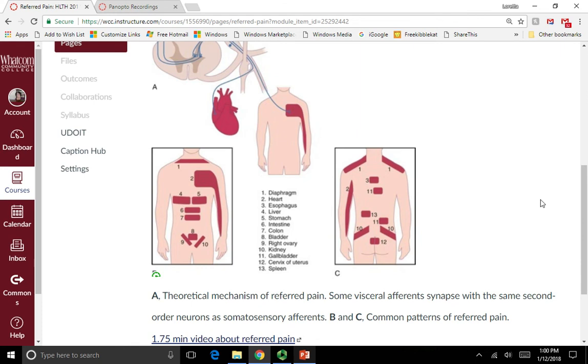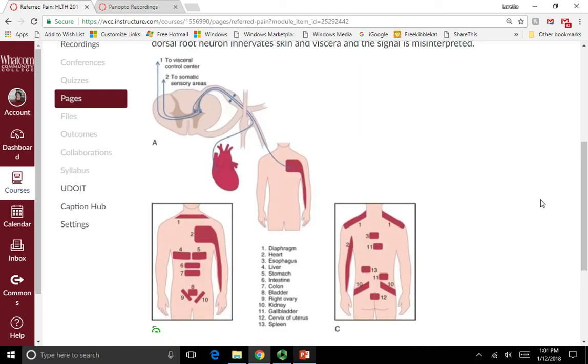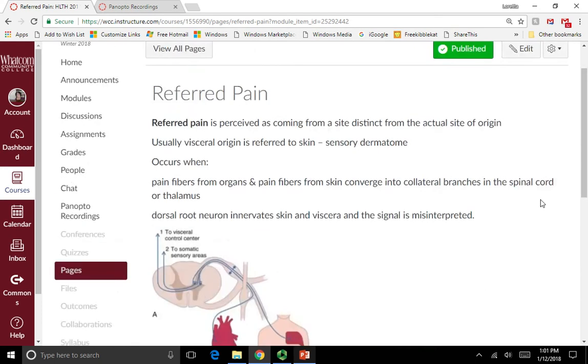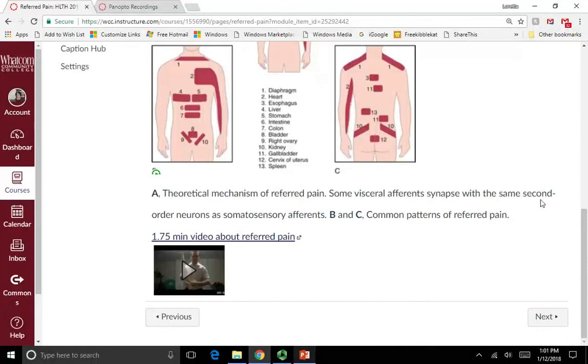So if you look at like gallbladder pain, number 11, you can see that frequently refers pain to the mid-back and the sort of lower back area. So you don't feel it in the gallbladder, you feel it in the mid-back and lower back. So the pain itself appears to come from an area that's distinct from the actual site of origin. There's a short little video about referred pain.